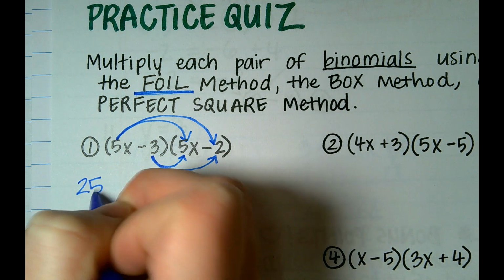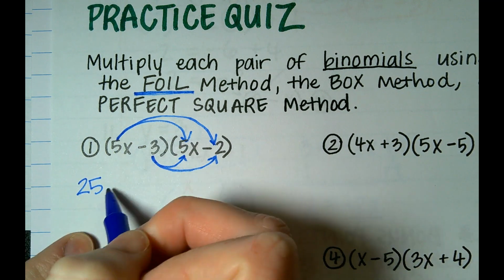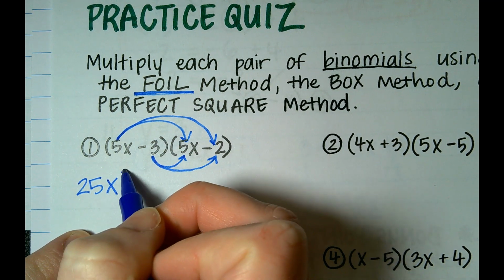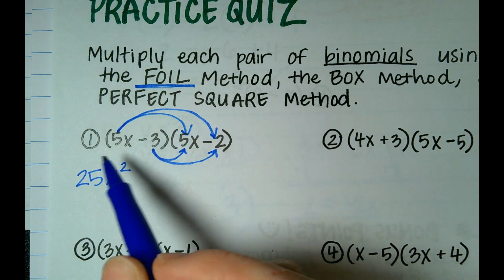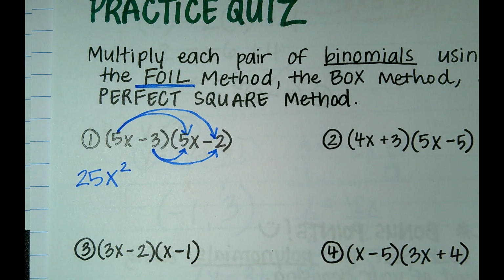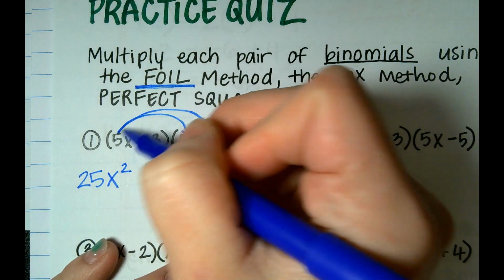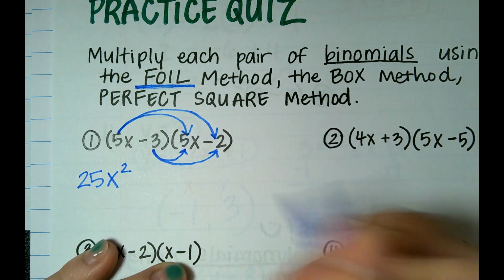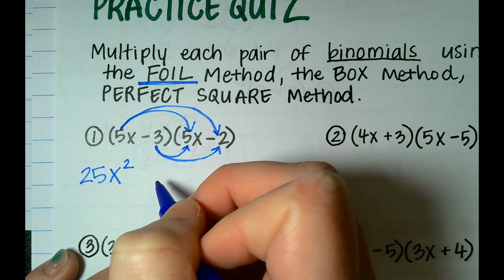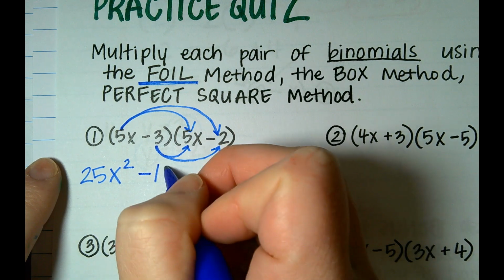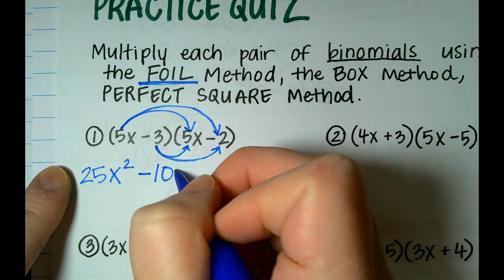So for the first terms, 5x times 5x, what will we get? 25 would be the 5 times 5. Now x times x gives us x squared. Good. So remember, x times x does give us x squared as our first term. Now our outer terms, 5x times -2, what is that? -10x.